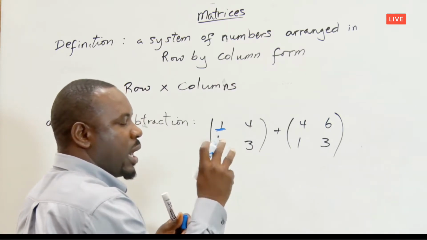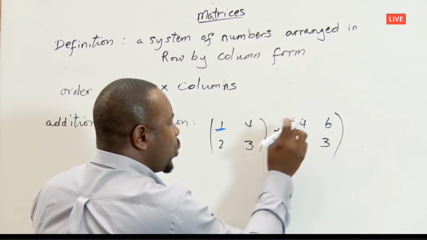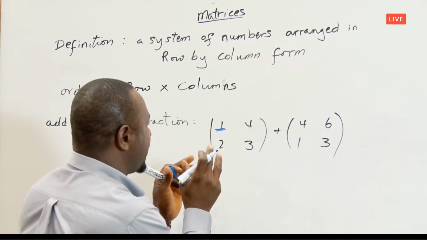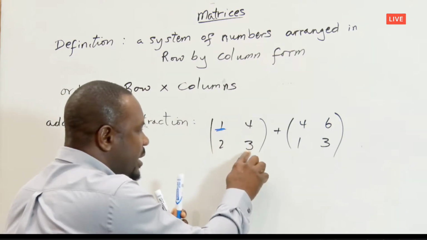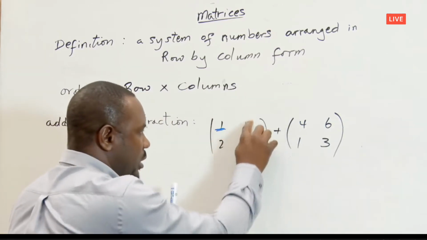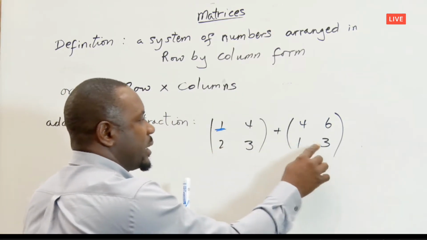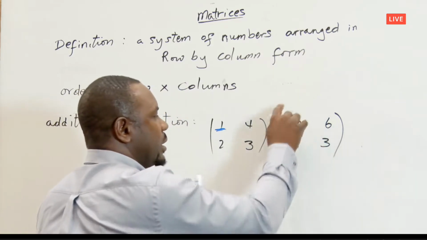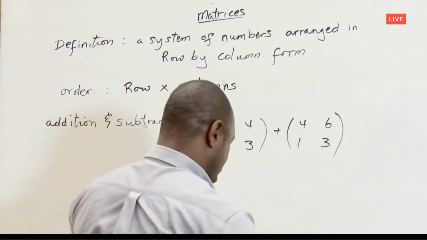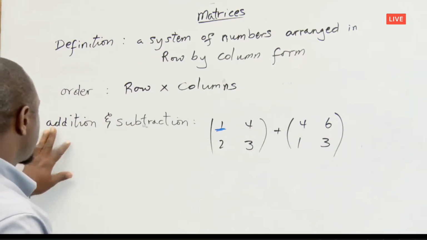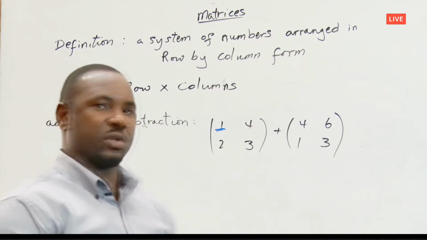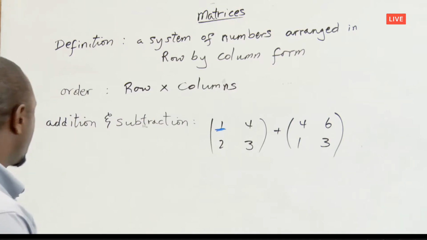When I take this item to add with a member in the other matrix, it must also be from the first row and first column. So we have component matching with the other component that is of its kind, right? And you can appreciate this 3 is in the second row, second column, and it will match with this 3, which is in the second row, second column. Remember, rows come first, then column after.